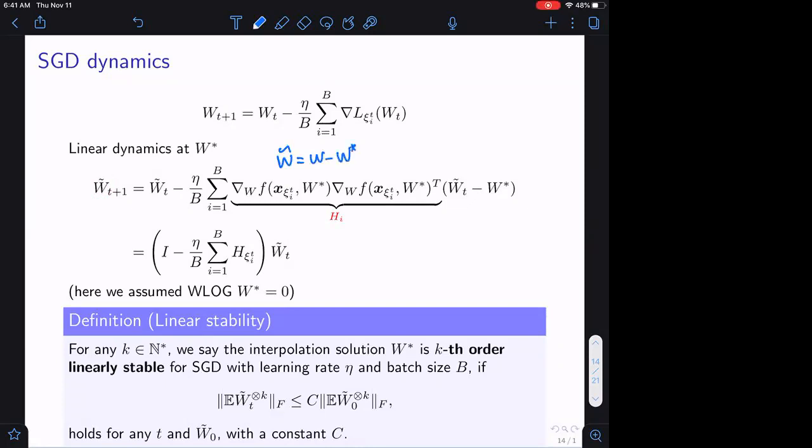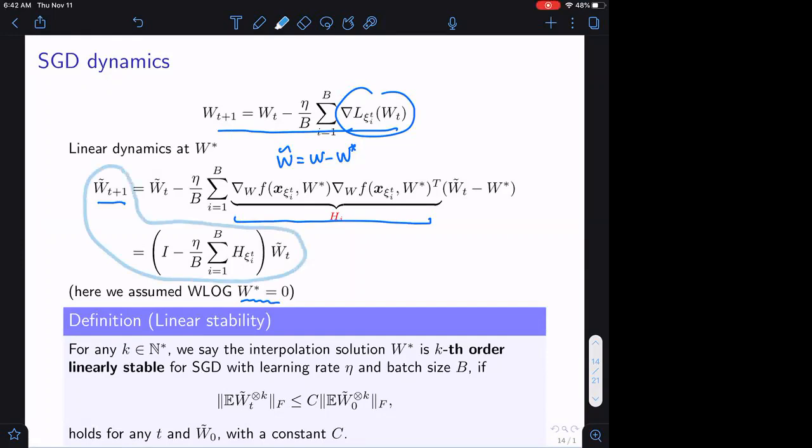Without loss of generality, I shift W star to be 0; I could rewrite the whole formula with W star, but the formula just looks like I have to put a minus W star everywhere. So let me not do that. When you study linear stability, you really just take the gradient and do a perturbation of this nonlinear term. If you do a perturbation, this will give you the Hessian term. So therefore, in the linear stability, we get the following relationship, and this is the condition of linear stability.